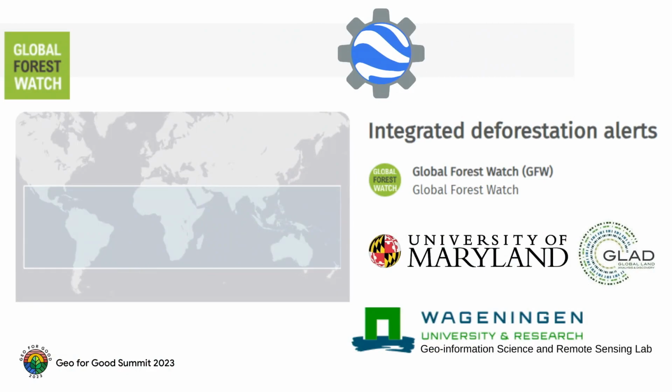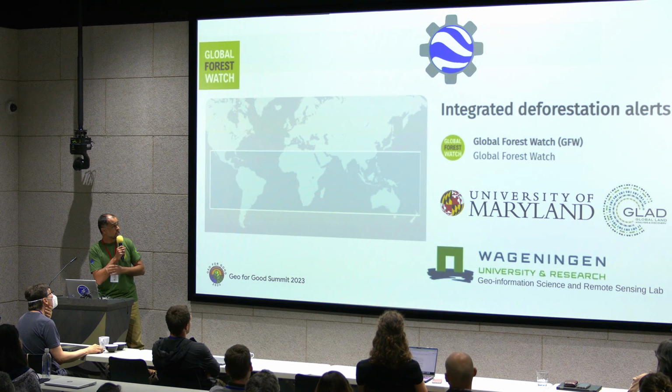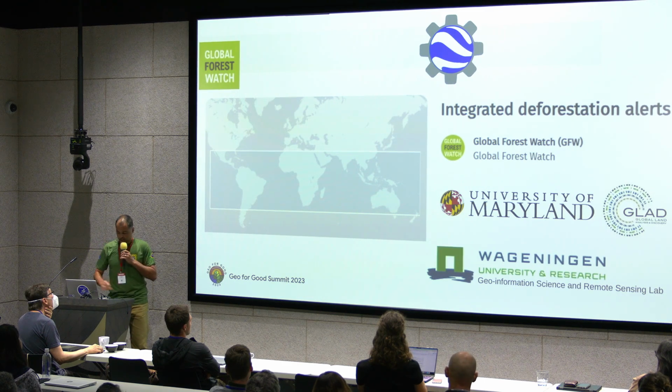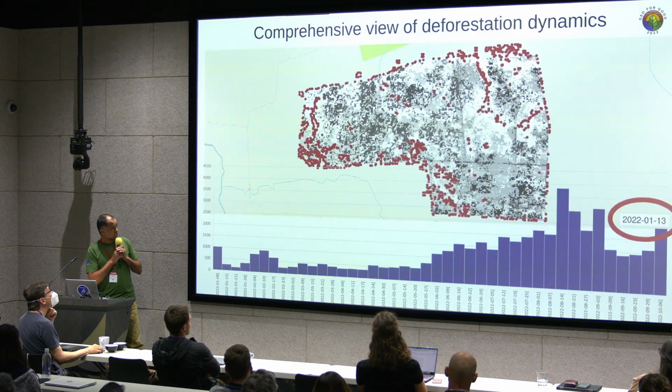In this case, we are using Global Forest Watch, a data source made by the University of Maryland and the University of Wageningen. They use Landsat and Sentinel-1 and 2 imagery covering this whole belt, more than 80 countries, and process it every day with Google Earth Engine.